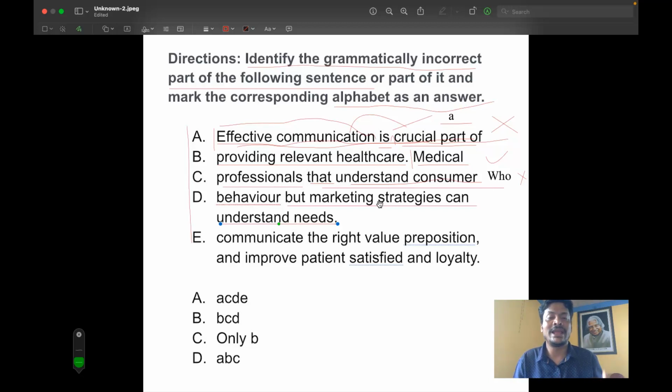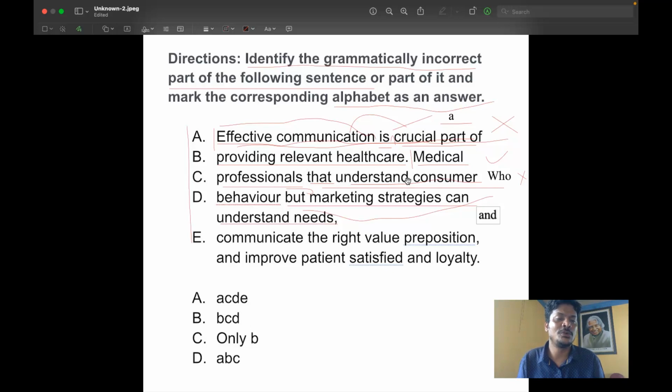So consumer behavior and marketing strategy can understand needs. In that case, instead of but, we are supposed to use and. Why? Because and suggests a similar idea, adding to the same idea, whereas but makes a contrast, and we don't find any contrast in this sentence. So we can say medical professionals who understand consumer behavior and marketing strategies can understand needs.